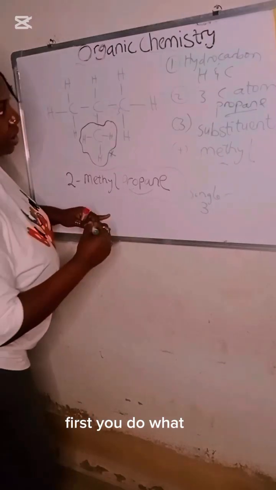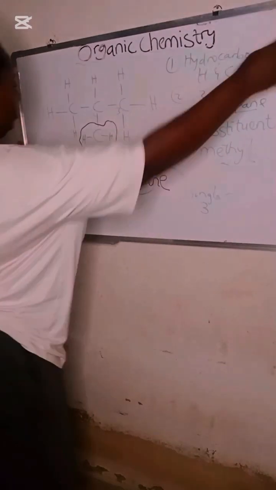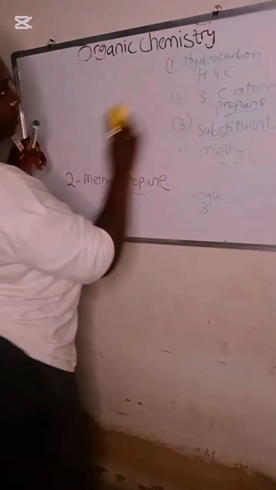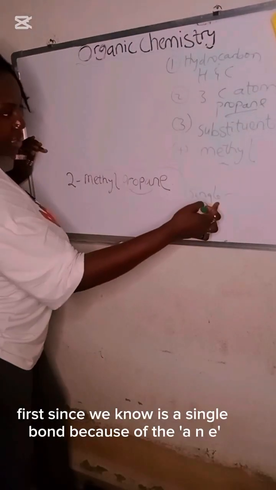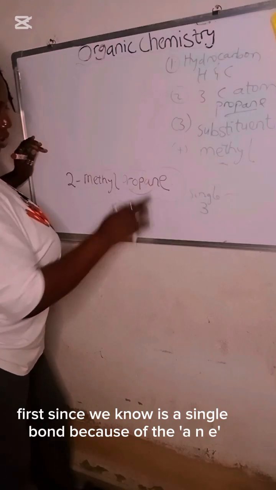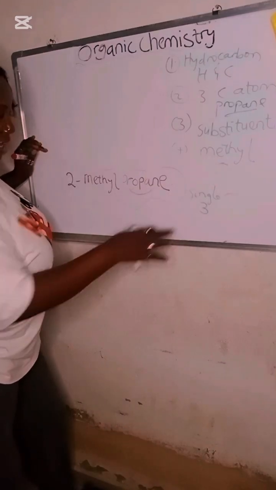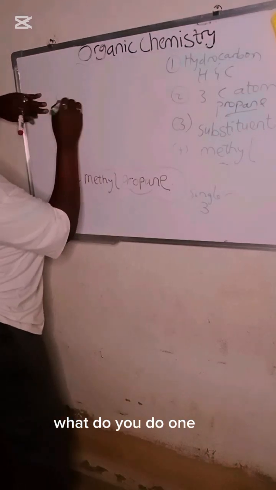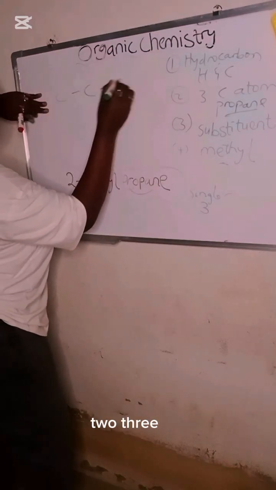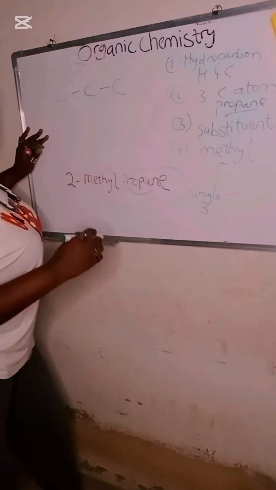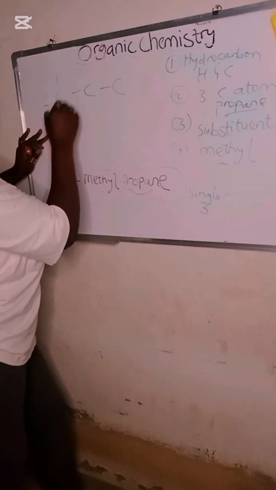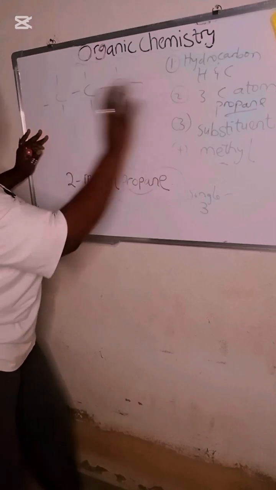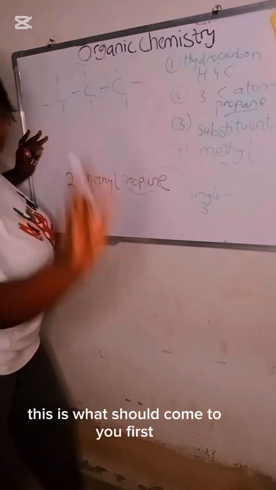First, since we know it's a single bond, because of the ANE, and we know it's 3 carbon atoms, what do we do? 1, 2, 3. You can add your substituents. You can add your hydrogens. This is what should come to you first.